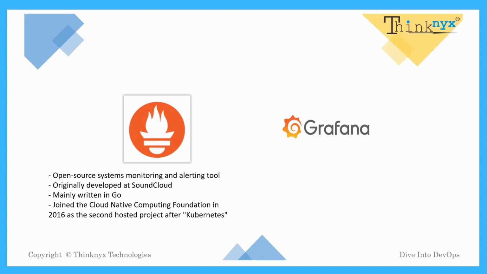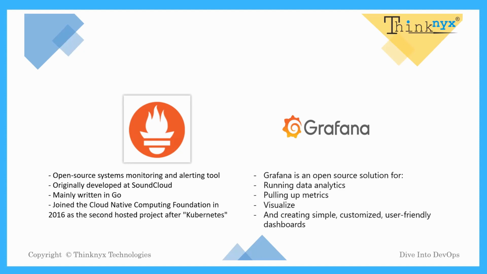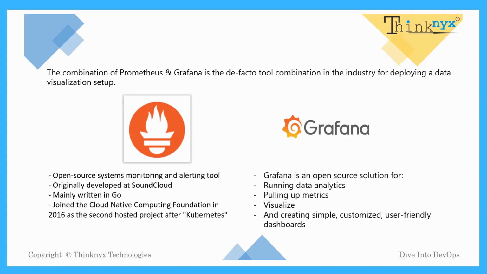You can do whatever you want to do using Grafana, right? So these two are the deadliest combination and are the de facto for Kubernetes monitoring and dashboarding. If you go to any organization and you talk about cloud native monitoring and dashboarding solutions, you will always see Prometheus and Grafana. That is the reason they are very, very popular, right?